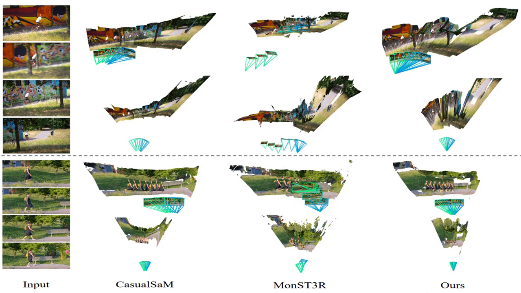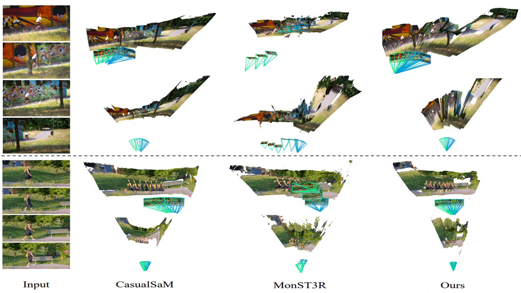This is an example of how the models give the output when an input video is given. Here the input video is converted into frames, then they are projected to get the 3D reconstructed scene, which is done by Casual SAM, Mono SAM, and ours. Ours is nothing but the MegaSaM model, which reconstructed better when compared to both models.